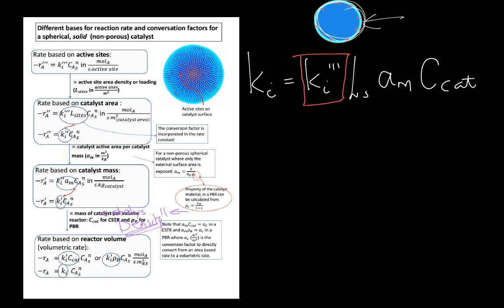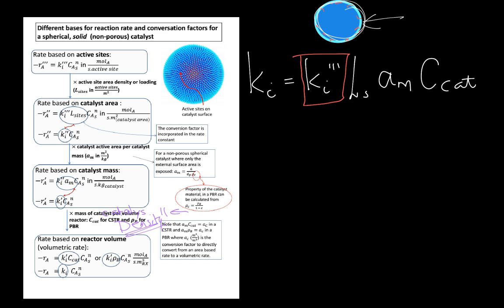It then still depends on what is the loading, the density, how much of this stuff do I have available per meter squared of my catalytically active area, multiplied by how much of that catalytically active area do I have per kilogram catalyst. This thing is to be replaced by SI for my porous catalyst structures.